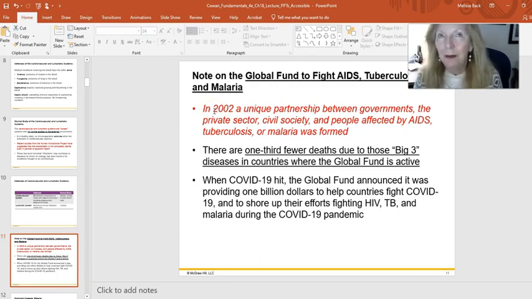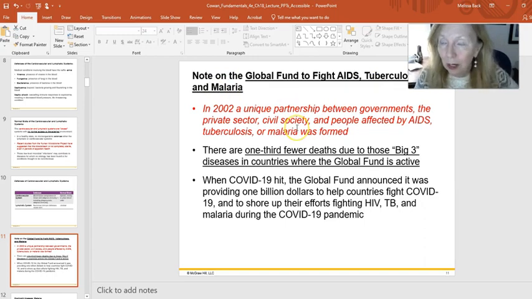Now, this is just FYI for you all, but this is absolute evidence of how public health initiatives are so important. Public health initiatives like immunization projects and that sort of thing. In 2002, a partnership between all the developed governments got together, and even with private sectors and the communities, to fight against HIV, human immunodeficiency virus that can lead to AIDS, doesn't always, but can, the bacteria that causes tuberculosis, which is Mycobacterium tuberculosis, genus species, and malaria, which is caused by Plasmodium, and like 5 species of Plasmodium.